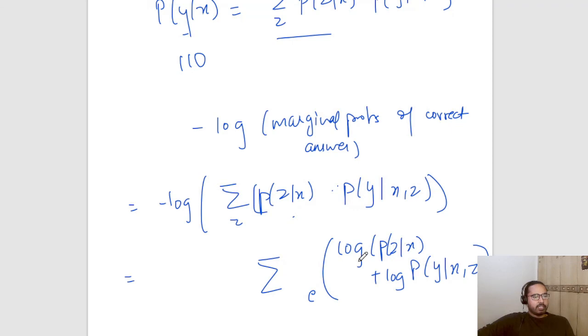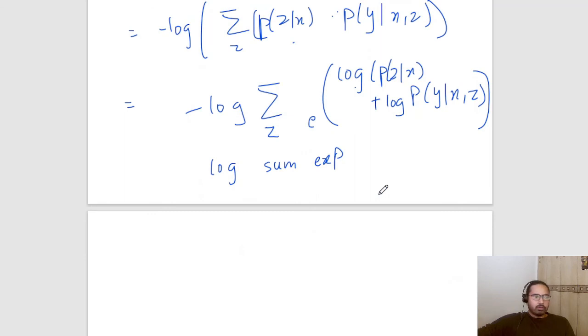By the way, we get these values by doing a log softmax from the retriever: whatever probabilities we get from the retriever, we take a log of them. Continuing here, it is a minus log of a sum, so what is happening is log sum exponential. Whenever we implement this and try to get the marginal log likelihood for a particular answer, we use this function.